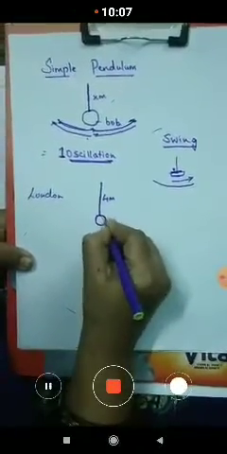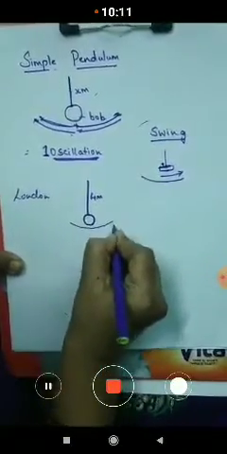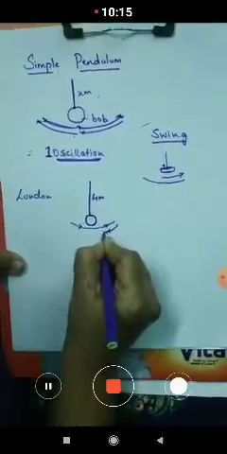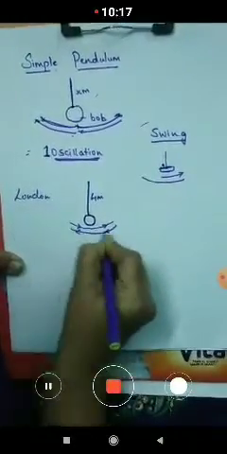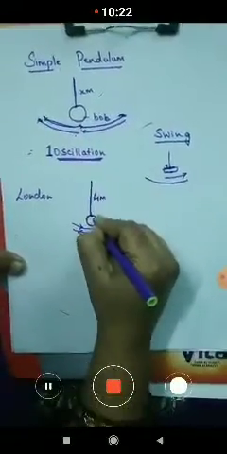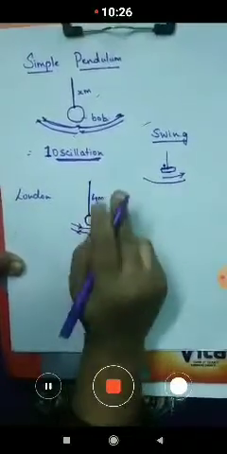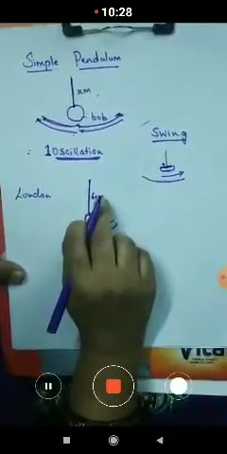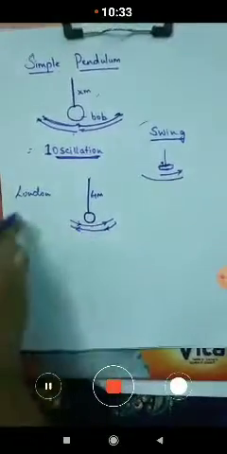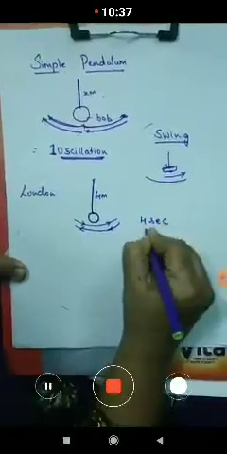When it completes one oscillation, if the length of the pendulum is 4 meters, the bob takes 4 seconds to complete one oscillation, children.